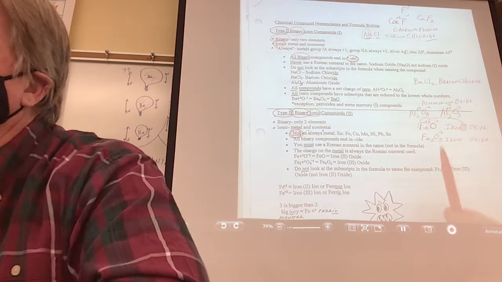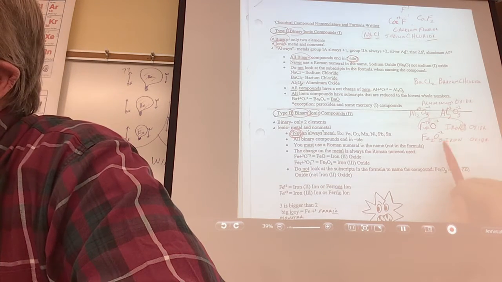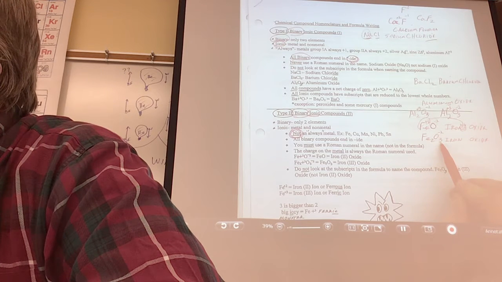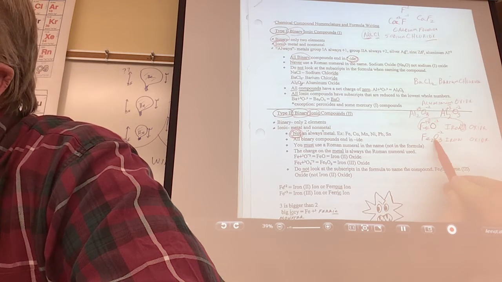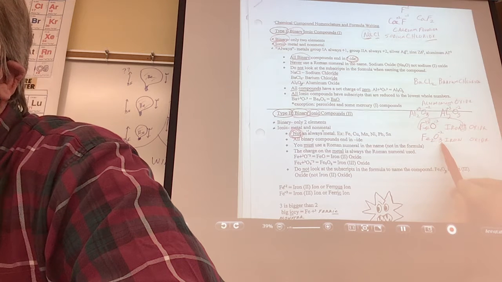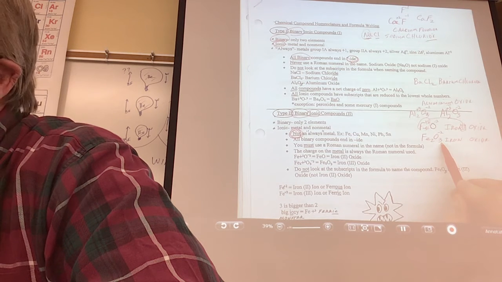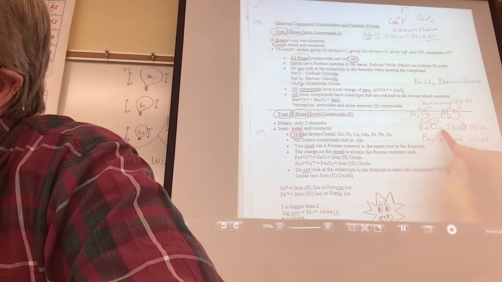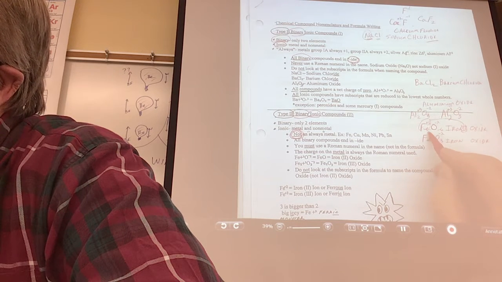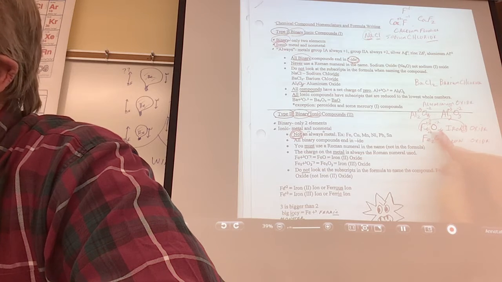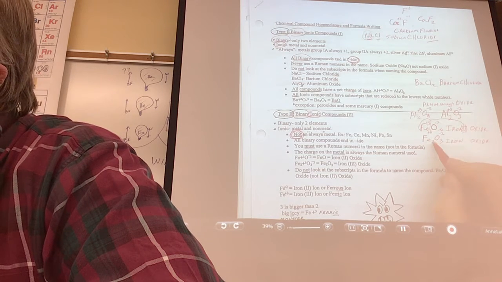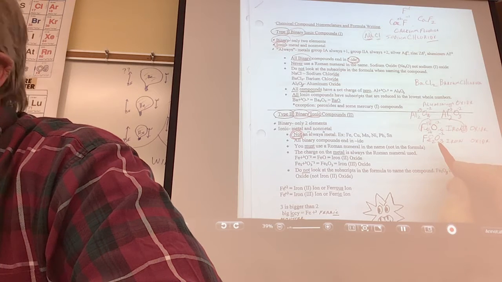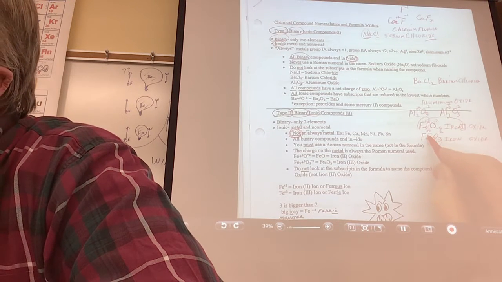Let's try this one. This is a little bit harder. Ready? Each oxygen is -2, and how many oxygens do you have? 3. What's 3 times -2? -6. Well, this better be +6 over here, or else we don't have a compound, do we? 2 times what equals +6? +3.